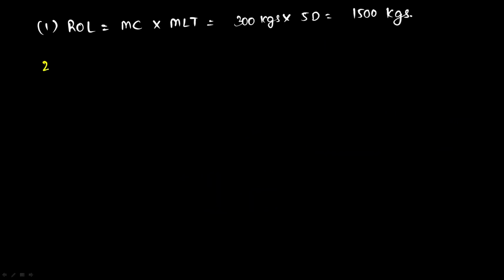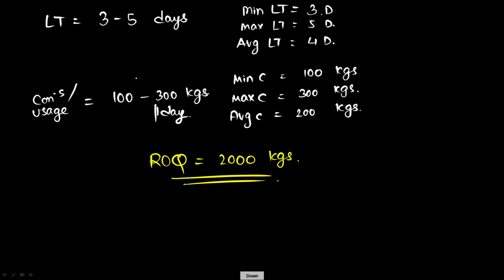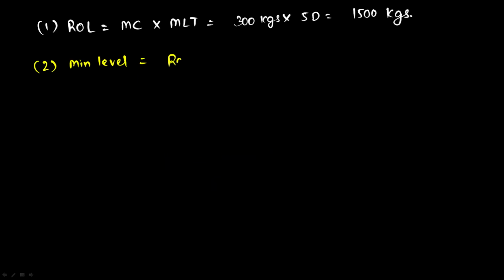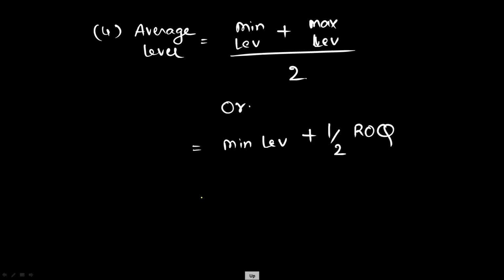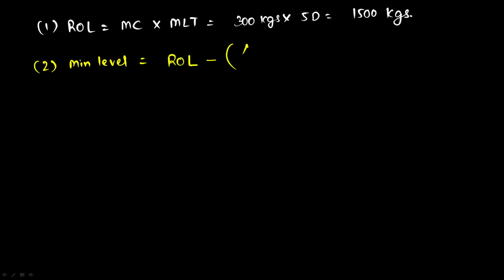Find out minimum level. Let me go to the formula. Minimum level is reorder level minus average consumption into average lead time.